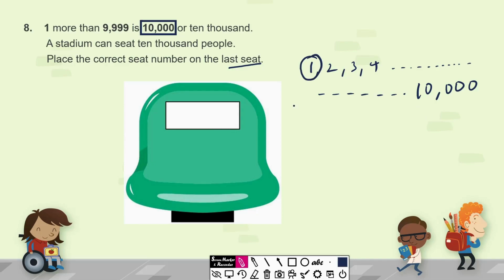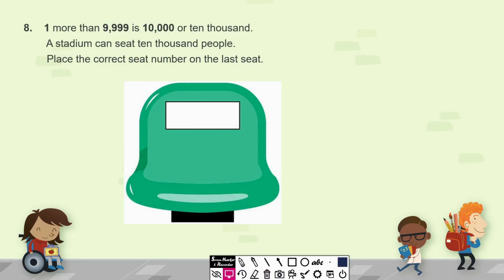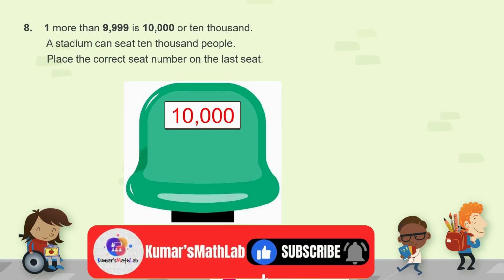And the seat number at the last seat should be 10,000. Yes. So the correct seat number on the last seat here should be 10,000. Let's check the answer. Did we do it right or wrong? Yes, it is 10,000. We did it absolutely right.